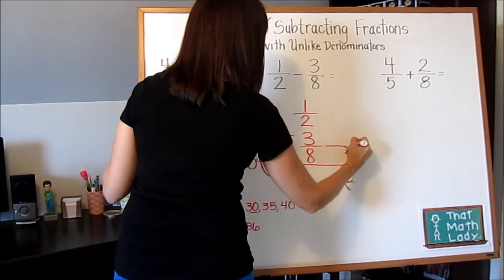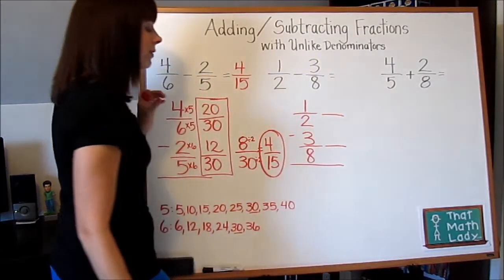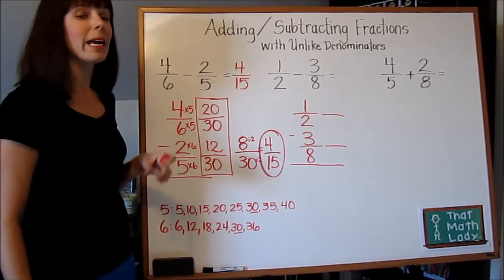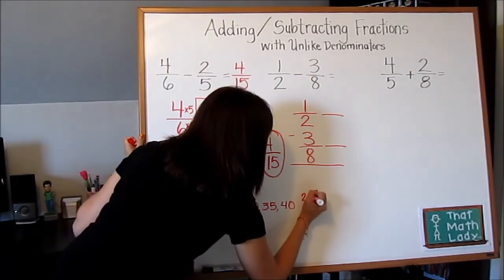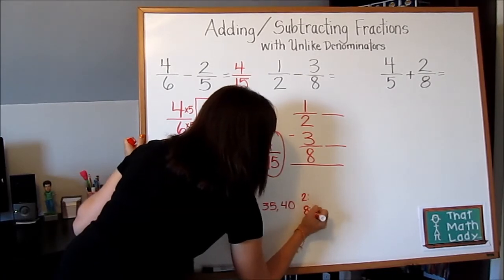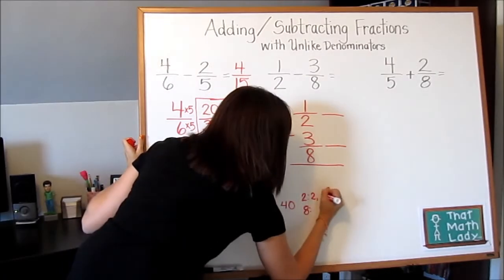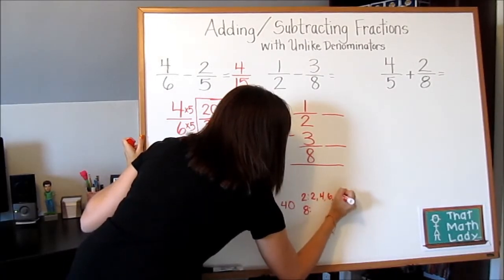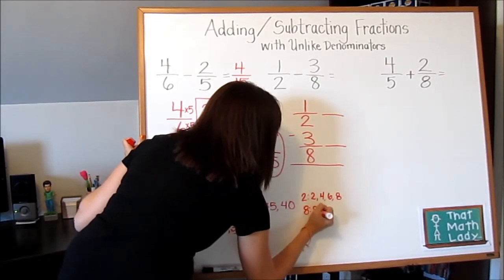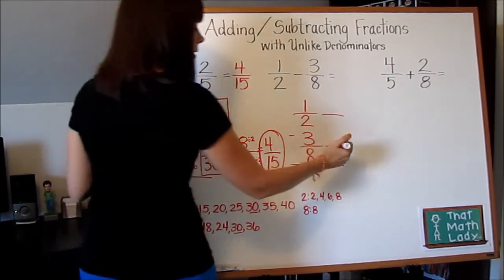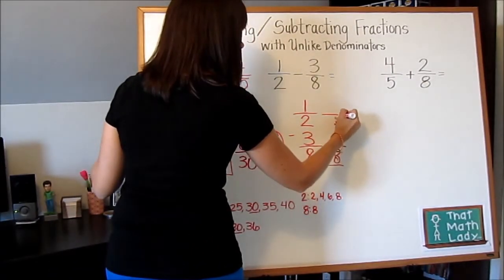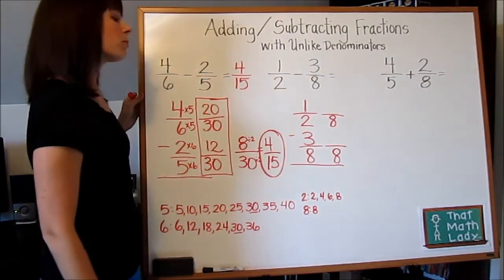Okay? And I need to come up with some new fractions that have common denominators because 2 and 8 are not the same number. So I'm going to write down my multiples of both of these numbers here, and I think I can tell what. Yep, sure enough, 8 is my least common multiple between 2 and 8. So 8 is going to be my new denominator that I'm working with here.